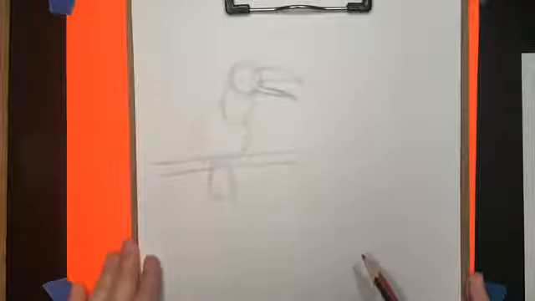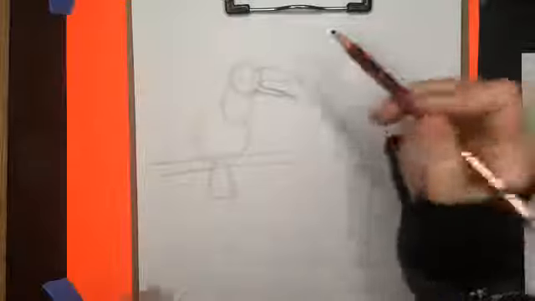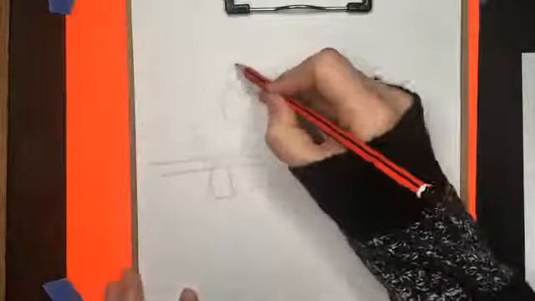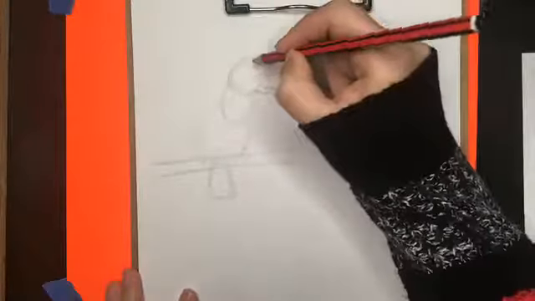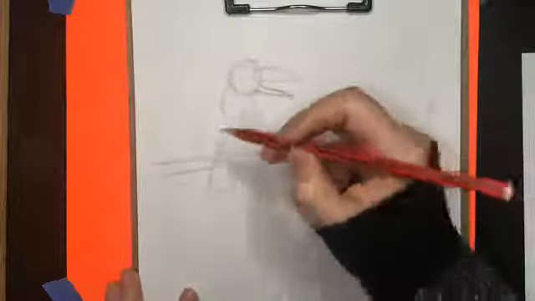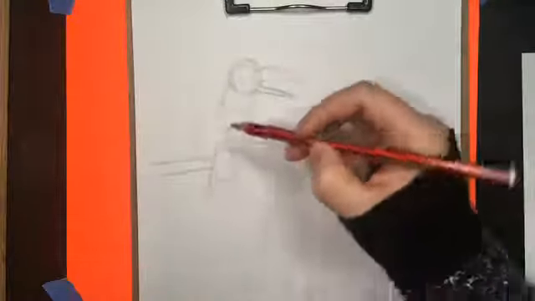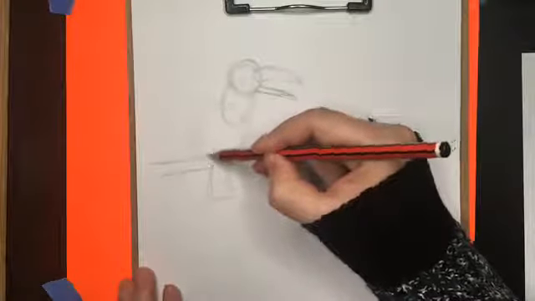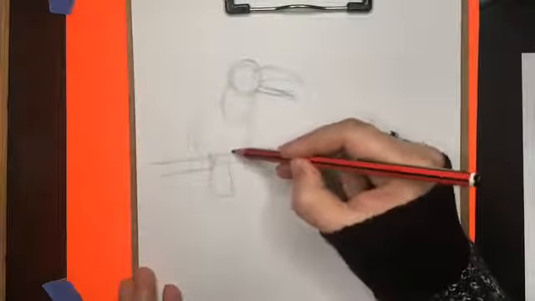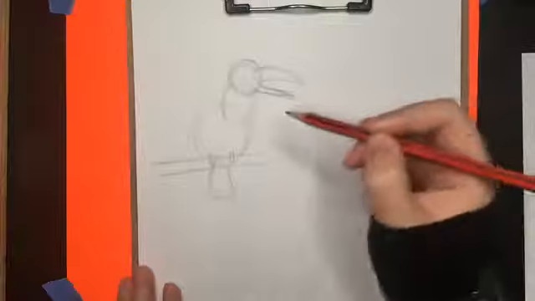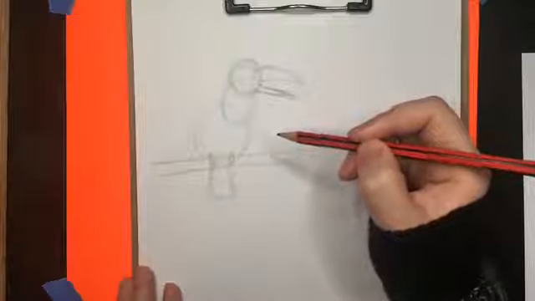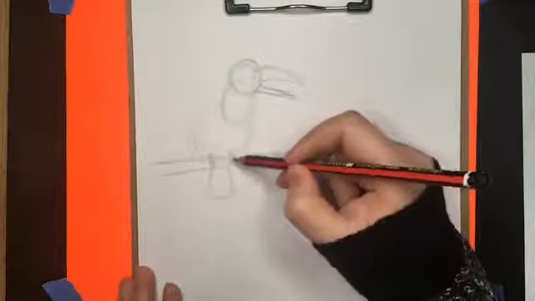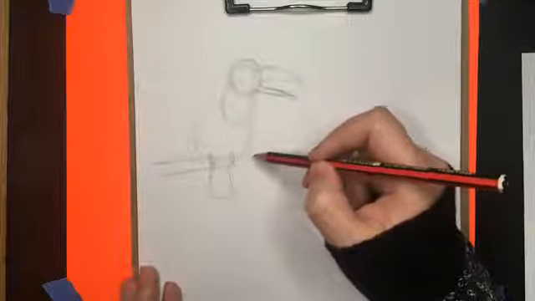Hopefully that's not too fast. Let me know if you need me to slow down a little bit. Before we add more details, I'll just draw two little ovals to show where the claws are going to be. And the claws kind of help the toucan stay on the branch.